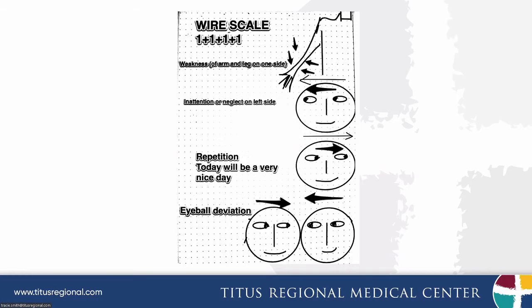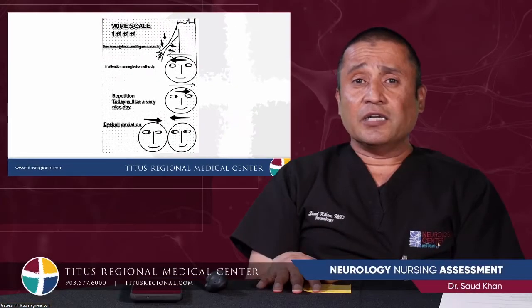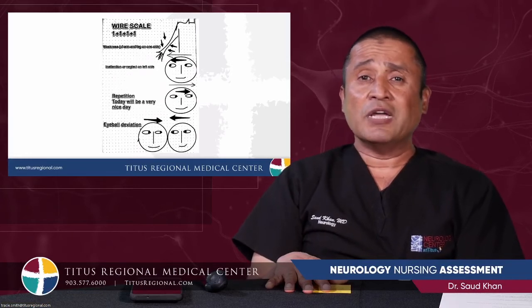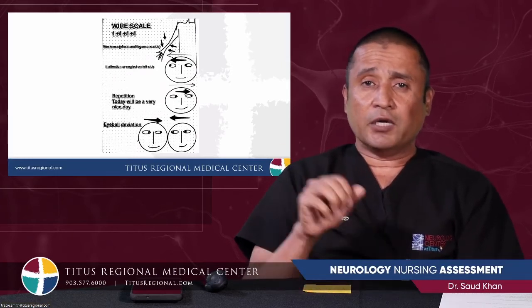The beauty of this scale is it takes only 60 seconds, while all other scales, which are very good, the NIH stroke scale is a very good scale, but it takes at least 8 to 10 minutes. And then there is a question of inter-rater reliability.